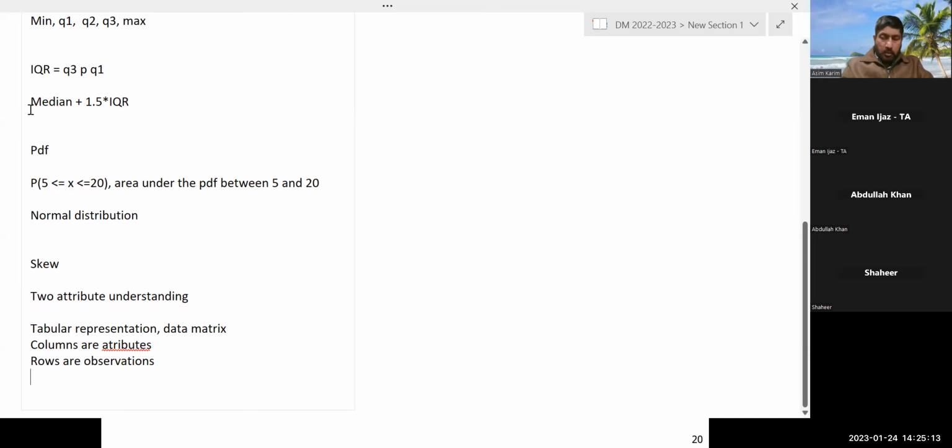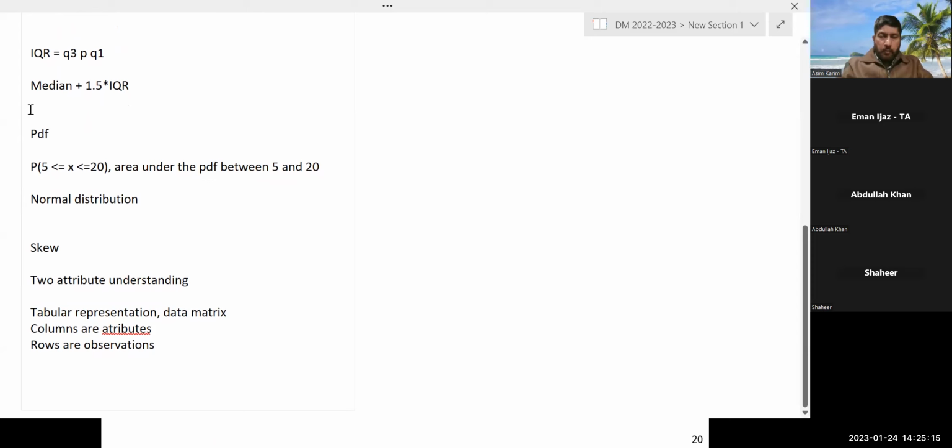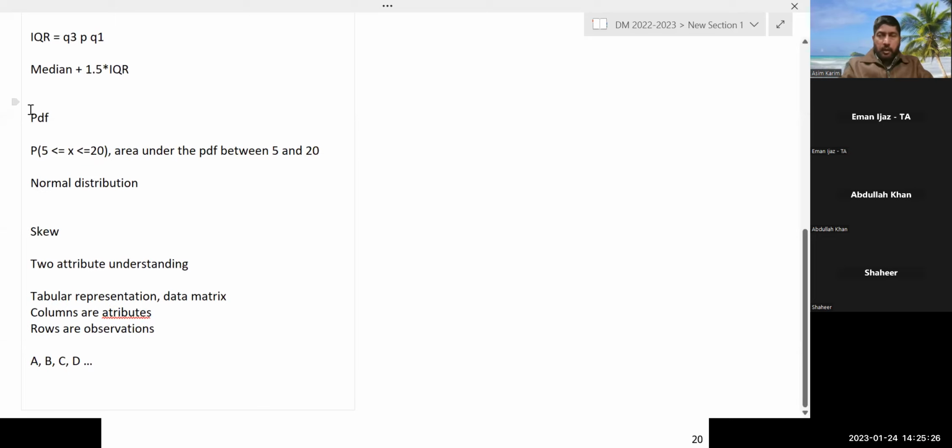So we can often represent attributes as A, B, C, D, and so on. So we can represent attributes with capital letters, or we can define a combined matrix notation for the data matrix.